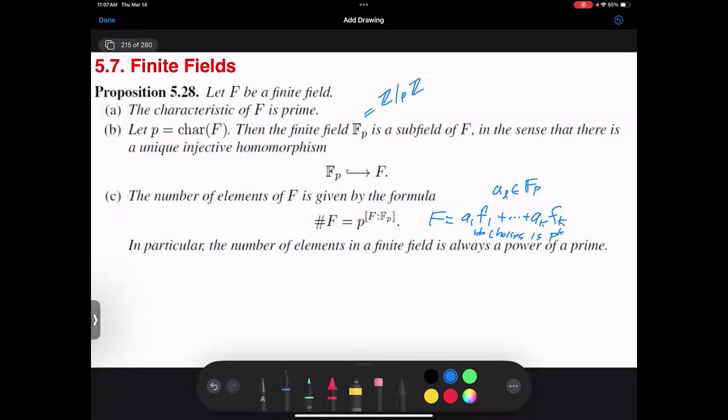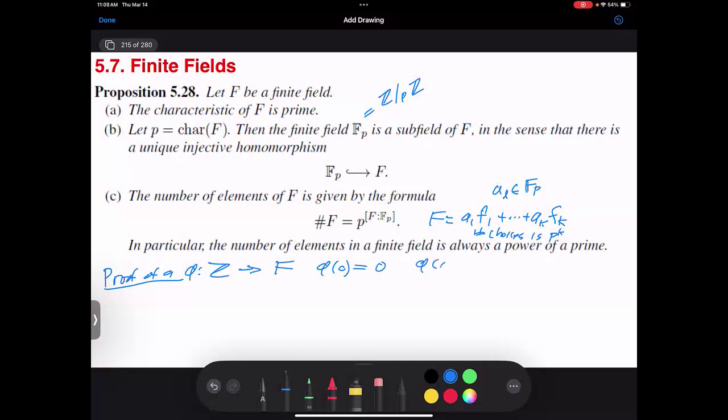So proof of A, I just want to quickly sketch this. We know that we can always map the integers into various things. We have all these different ring homomorphisms and whatnot. So we want to consider a map from Z to our finite field F. What do we have to send 0 to? 0.